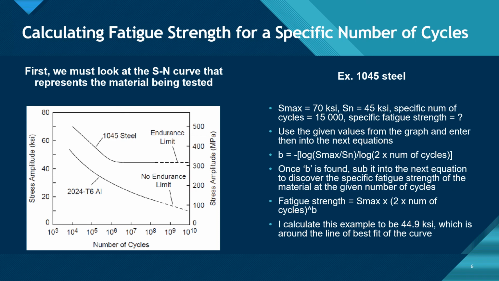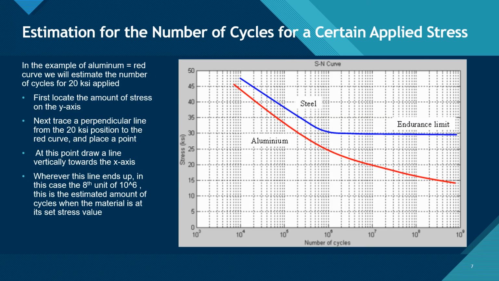The estimation for the number of cycles at a certain applied stress is a lot more simple since it's an estimation. In this example, I used the red curve at a number of cycles to find at the KSI of 20. First, you must locate the stress level on the y-axis. Then you must trace a perpendicular line from the 20 KSI position to the red curve and place a point.